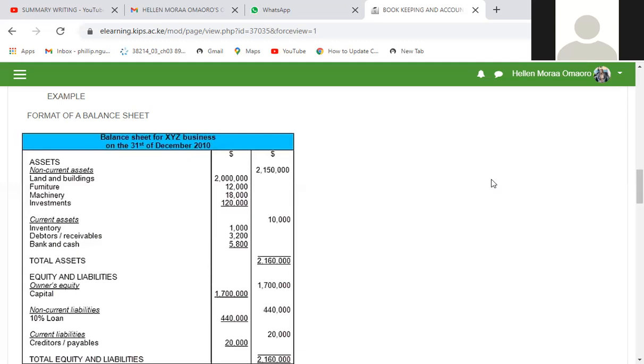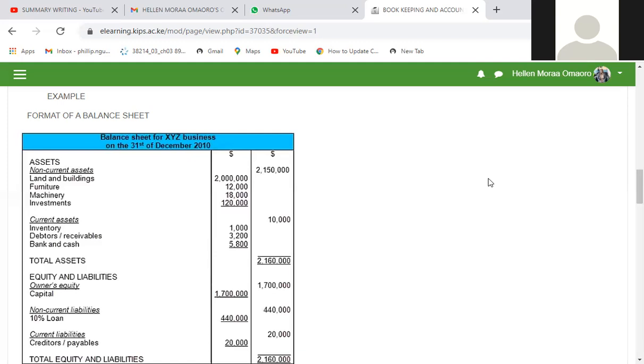Even if you take some amount from the business to pay school fees, remember, school fees is for personal expenses. So that was not for the business. That's drawings. So any amount or goods taken by the proprietor, that is the owner of the business, from the business for personal use, those are drawings.